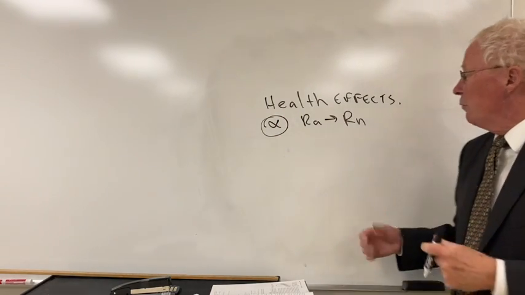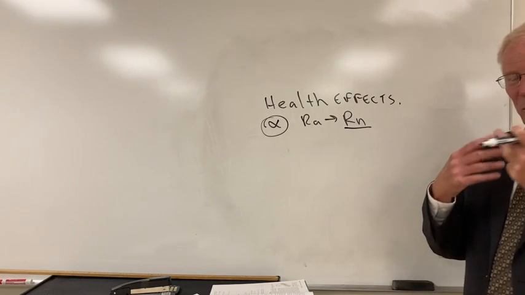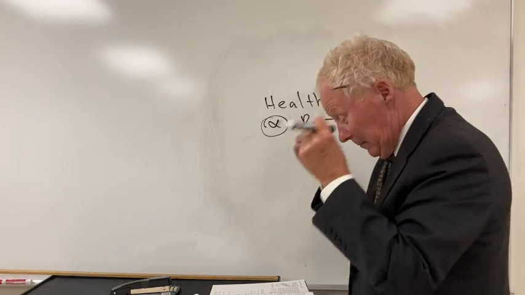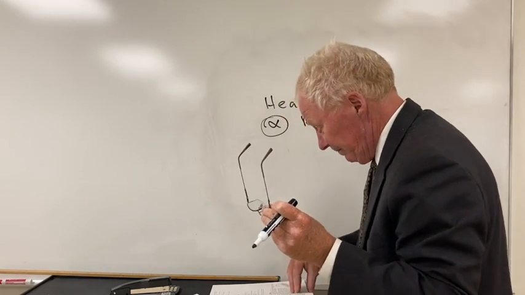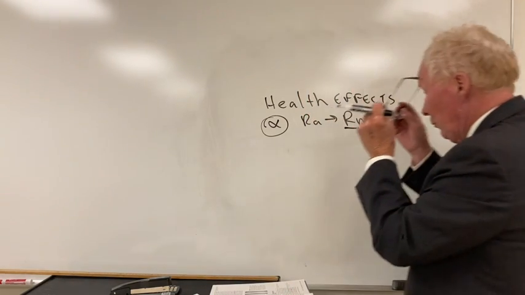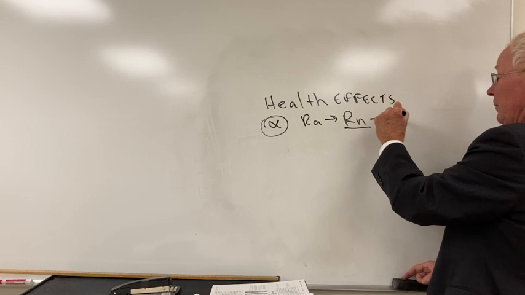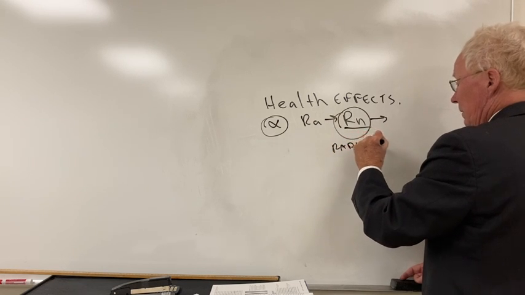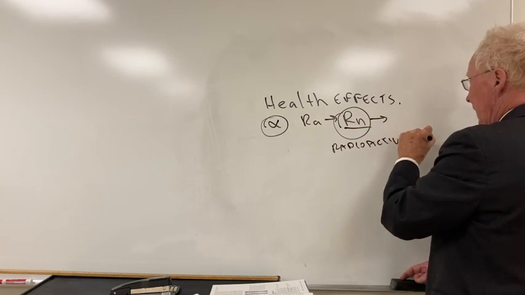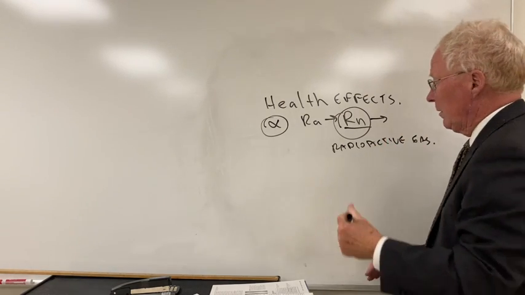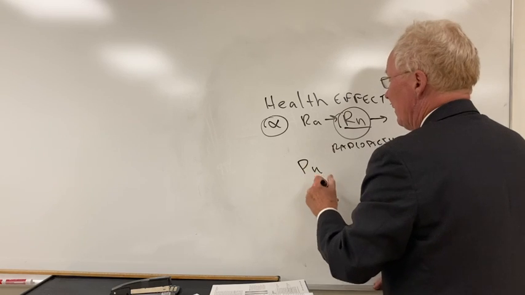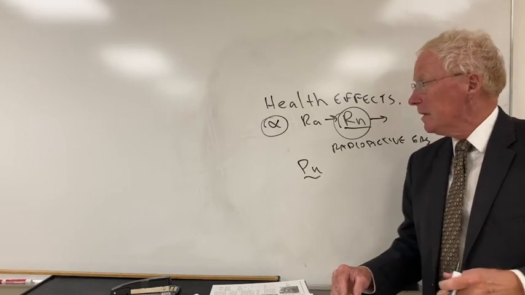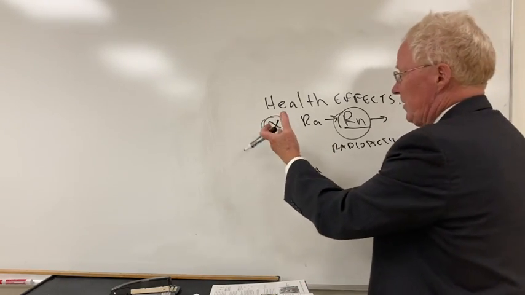And because radon is a gas, it's rather dangerous. So radon is radioactive gas, as we said. Another one is plutonium, very dangerous as alpha radiation. But alpha is only dangerous if it's ingested.